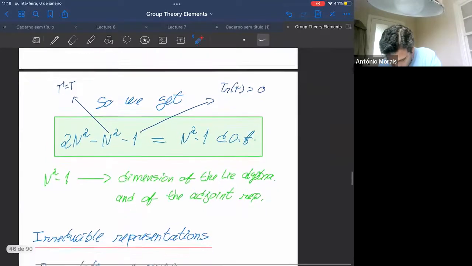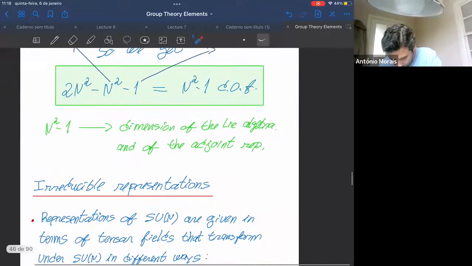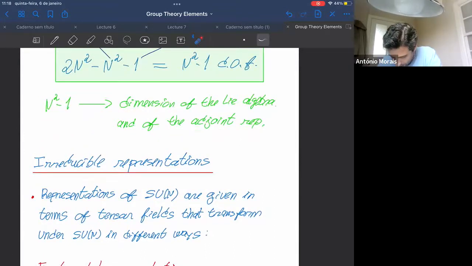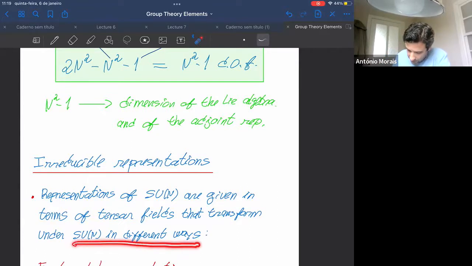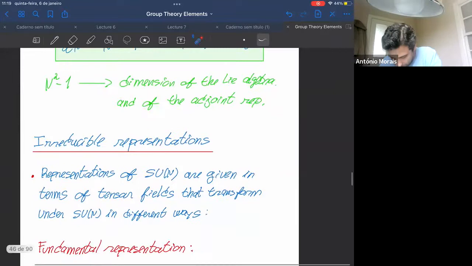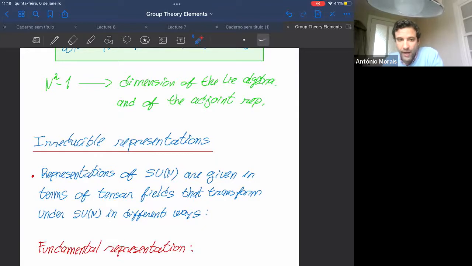Now, irreducible representations. These representations of SU(N) are given in terms of tensor fields that transform under SU(N) in different ways. So in SU(N), you can have an object psi with several indices, and the transformation laws are given by the representations of SU(N).